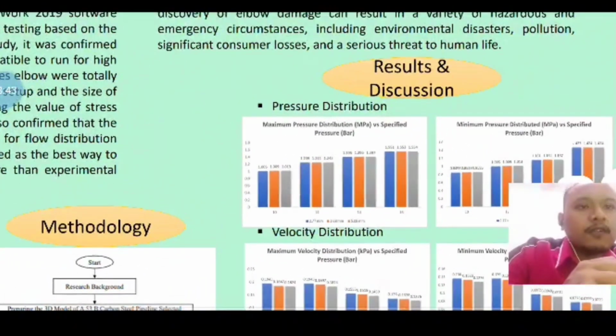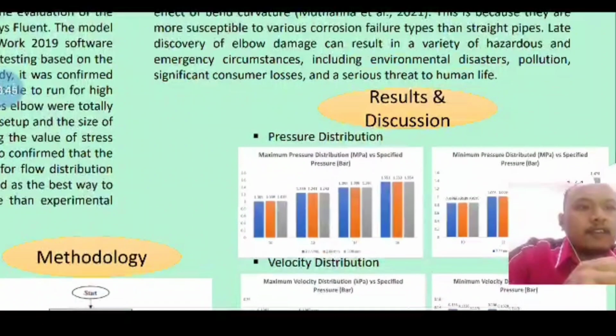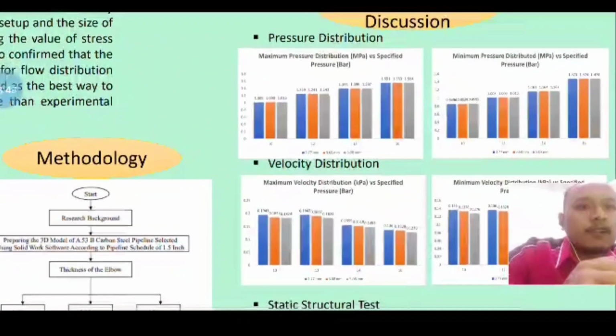Next, we will go through the result and discussion. The first one is pressure distribution. The graph on the left is the maximum pressure distribution, meanwhile the right is the minimum pressure distribution. In this graph, we can see that between the 3 wall thicknesses, the value of maximum and minimum is increased.